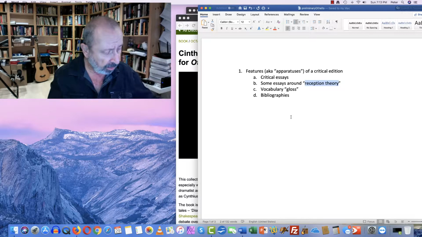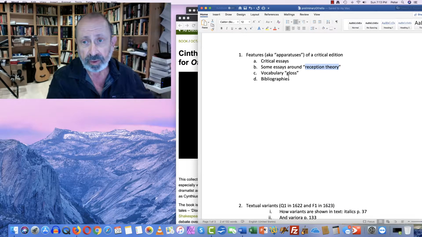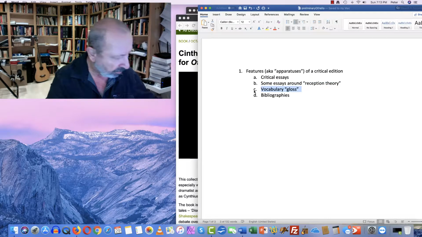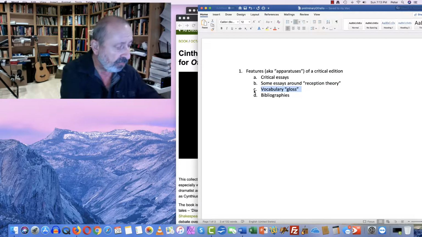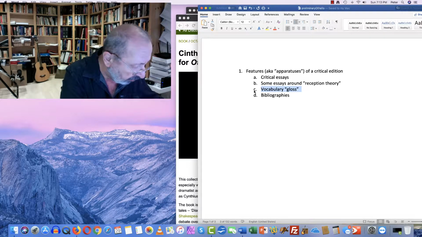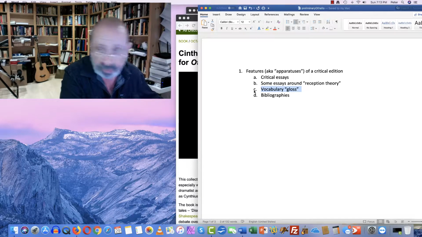Something else that I hope you will find very valuable is that at the bottom of each page there is a vocabulary gloss in our Norton that provides an explanation for many of the single words and phrases that might be obscure or difficult for us to decipher.